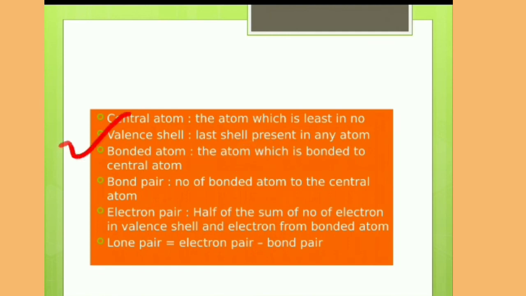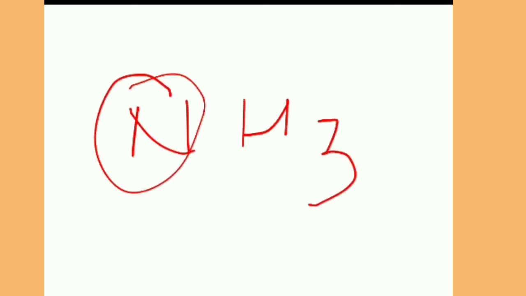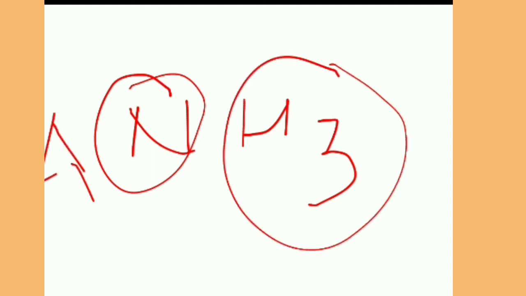The third term is bonded atom: the atom which is bonded to the central atom. For example, we can take NH3. Since nitrogen is least in number, it is the central atom. Hydrogen is bonded to the central atom, so it is our bonded atom.